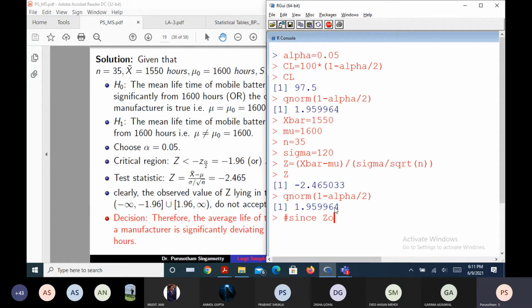So Z observed value is less than minus of Z alpha by 2. You are going to reject H0. And accordingly, you draw the conclusions. Is it simple now, using our program?